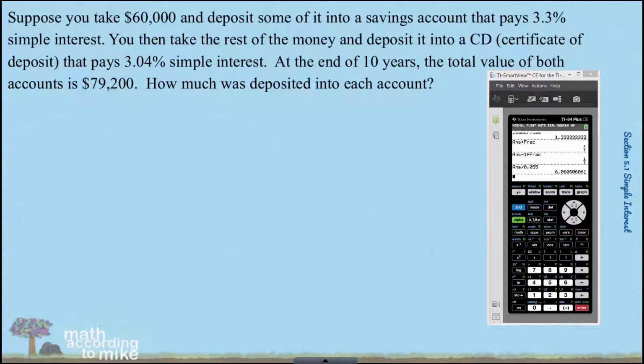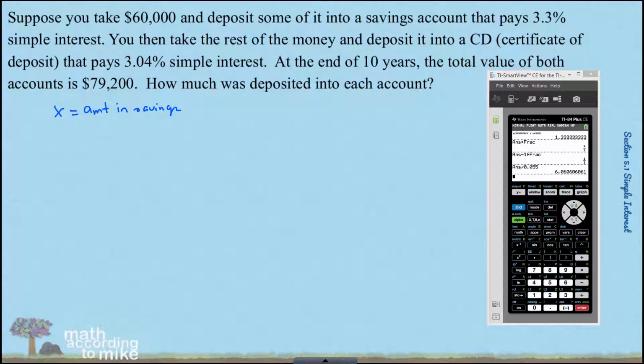We're going to use algebra. Do we know how much we put into the savings account? Heck no. So let's call X the amount in savings. You might be inclined to say Y is the amount in the CD.